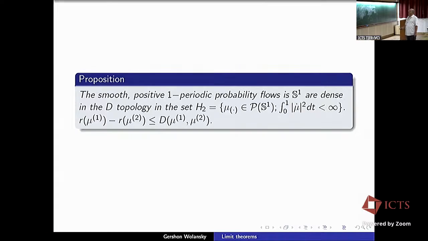And it's Lipschitz, so the difference between two rotation numbers is bounded by the distance D. So the rotation number is a Lipschitz function, with constant one, with respect to this metric.